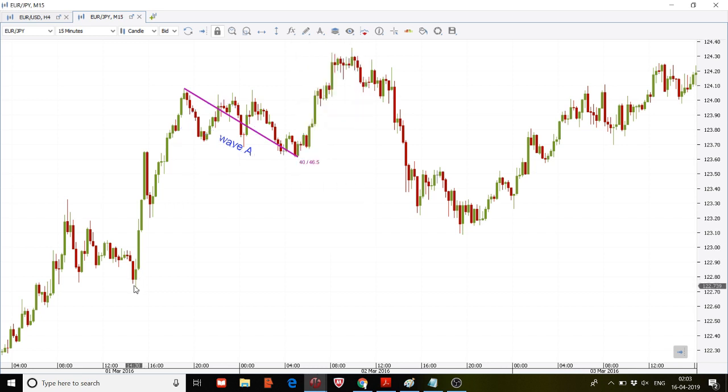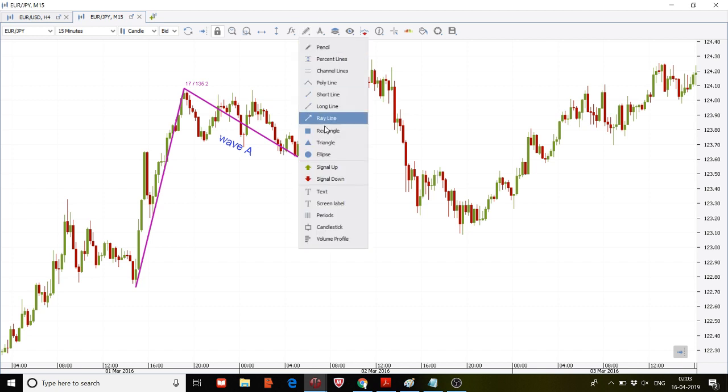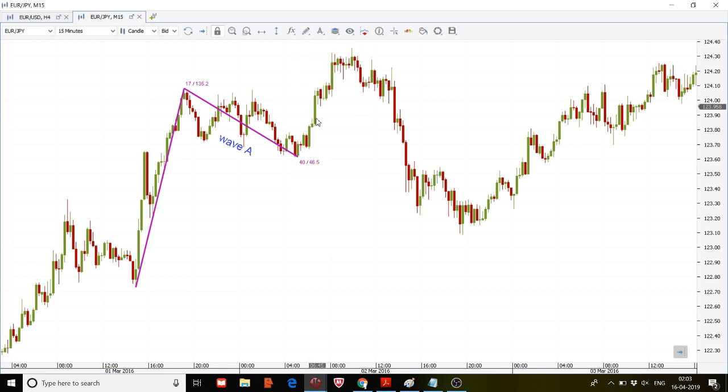This is wave 5 in the earlier series. After wave A we need to look for wave B, so join the end point of wave A with the next high in the series. Here is the next swing high in the series, so this will be wave B.